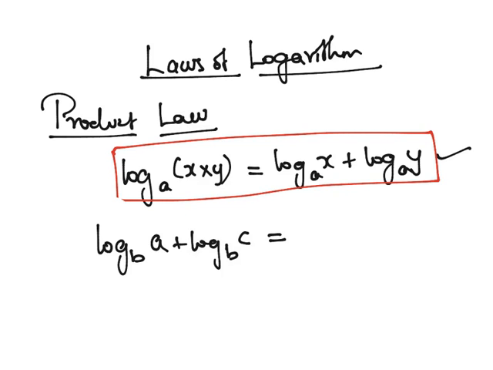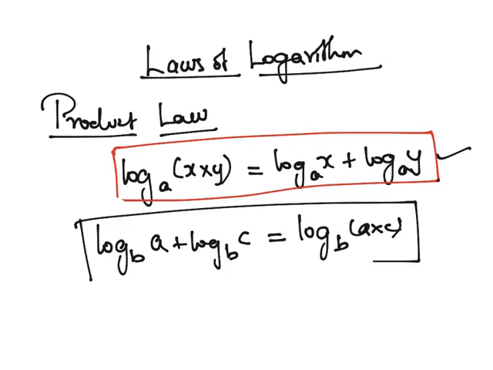So suppose you have two logarithms in addition and the bases are same, then I can write it as a product: log a into c to the base b. It's the same as this. So basically the sum of two logarithms can be written as a single logarithm provided the bases are same.